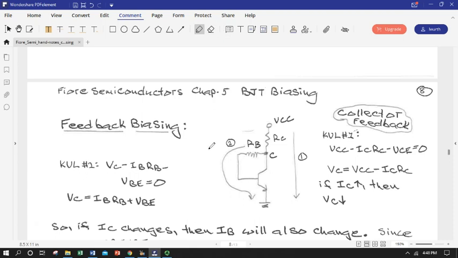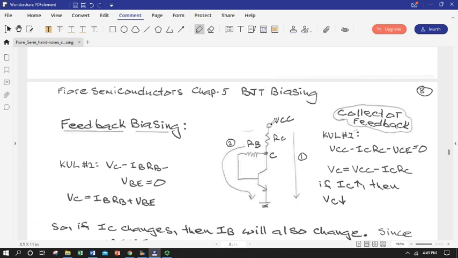We're also going to get another measure of stability in that we're going to set up a condition in which our base current, which basically is our driver for the circuit, is going to be inversely related to the collector current. So the more collector current we have flowing, the less base current, so the less demand from our collector current, basically speaking. So let's take a look at how this works.